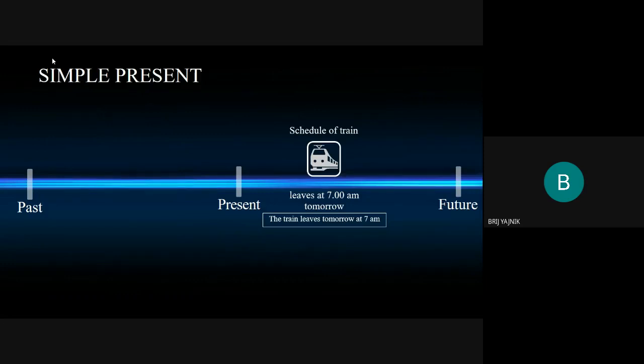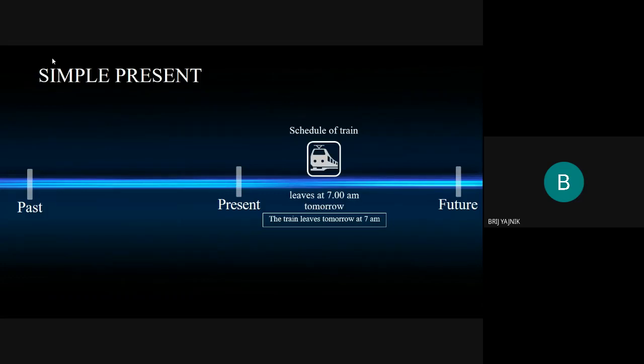There was this instance I told you that if you have an invitation card at your place in English, and if you get your hands on it, then read it again and again, and you will see one small line saying something like ceremony ends at 8 o'clock, or ceremony begins at 7:30 a.m., or special guests arrive at 6 p.m. Now these are scheduled events of future, and so they do not carry will, they do not carry any other form but only simple present tense.